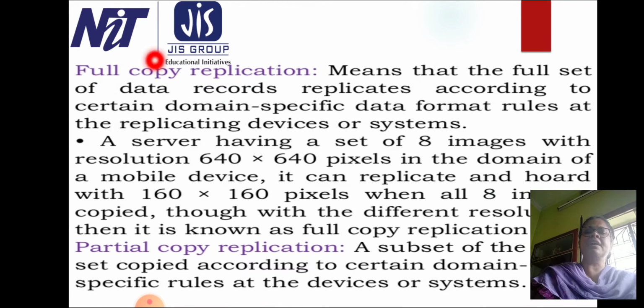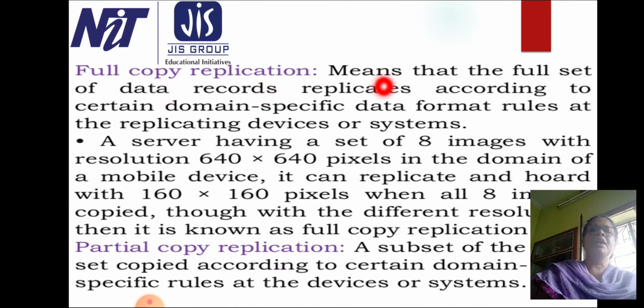Now, this is a type of replication, full copy replication. It means that the full set of data records replicates according to certain domain specific data format rules at the replicating devices or systems.